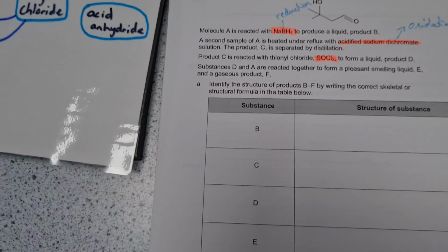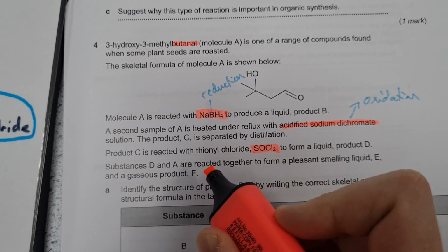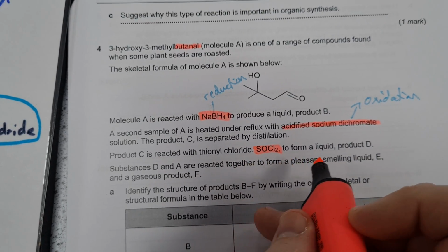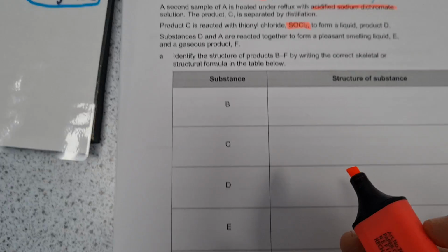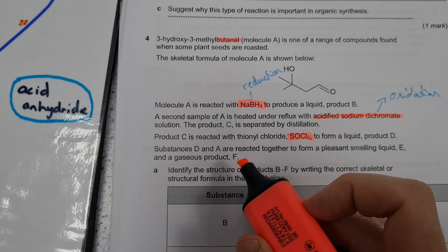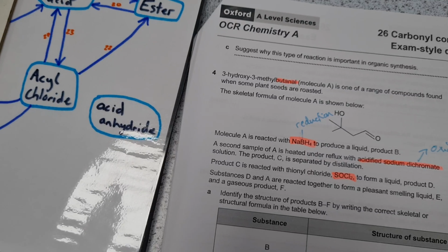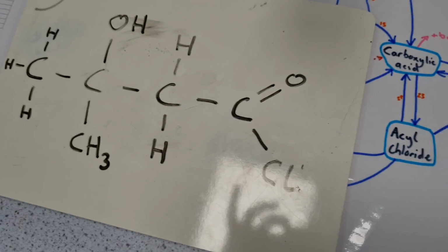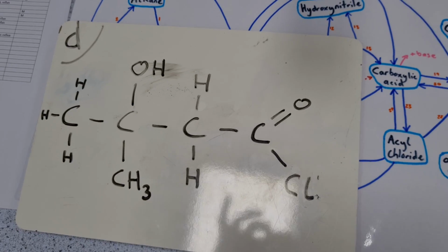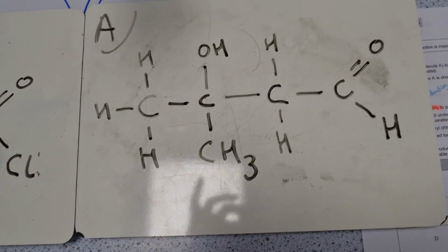Next part of the question then. Substances A and D are reacted together to form a pleasant smelling liquid E. Okay, so we've got box E. It wants us to see what happens if we get A and D and we react them together. Okay, so this is where I need to have drawn D out, and also I need to have drawn A out.